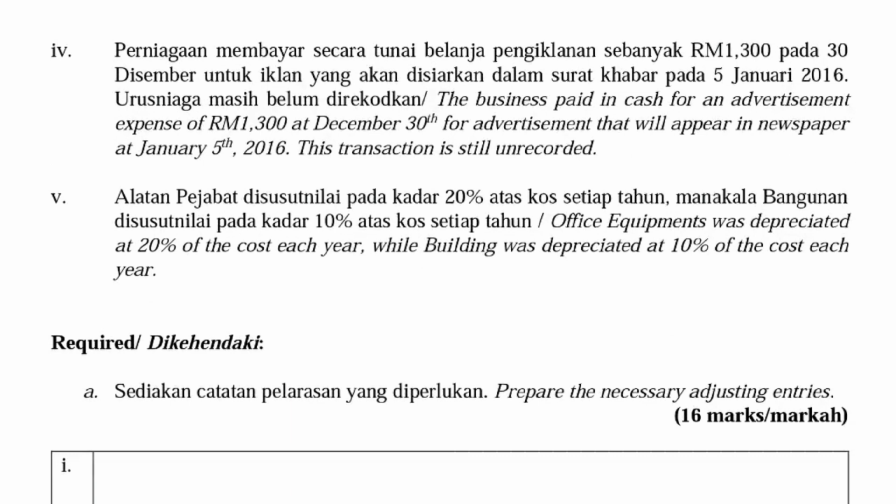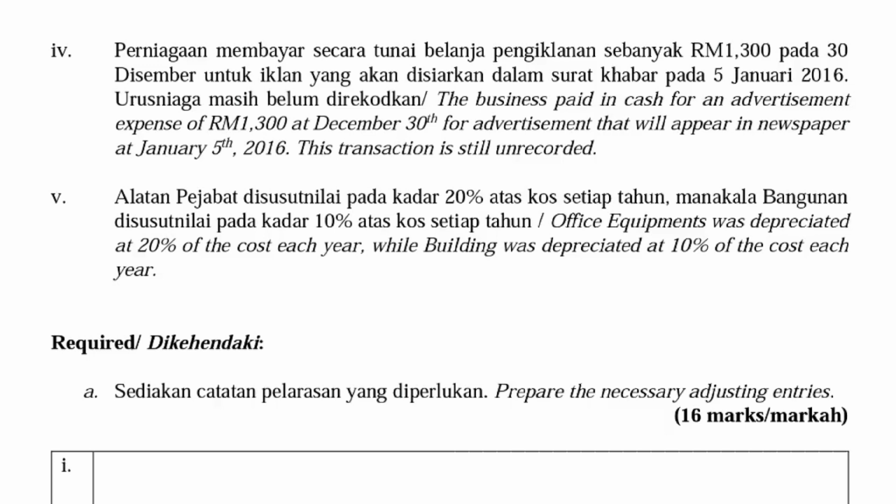See here, what happened here? The thing that happened here is the business paid $1,300 expense that will happen in the next year. So the question that you have to ask yourself is, is this advertising expense an expense for the year 2015 or 2016?